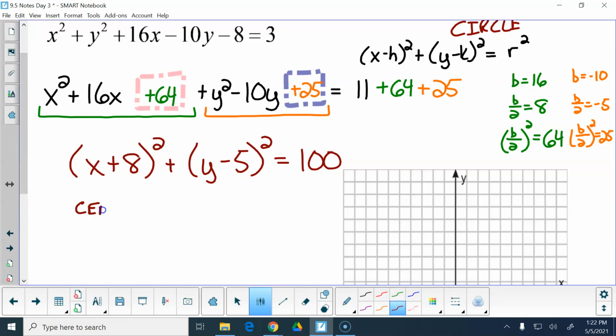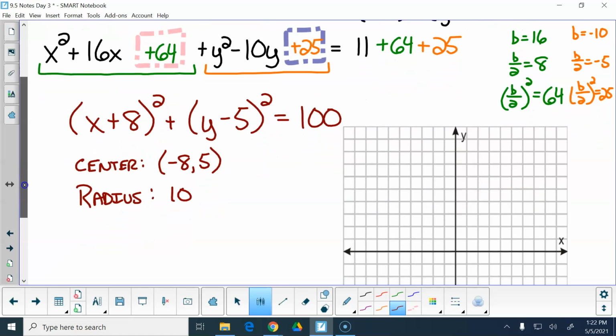Center. Negative 8, comma 5. Radius. Nope, 10. Oh, yeah, square root. Yep, not just divide by 2.